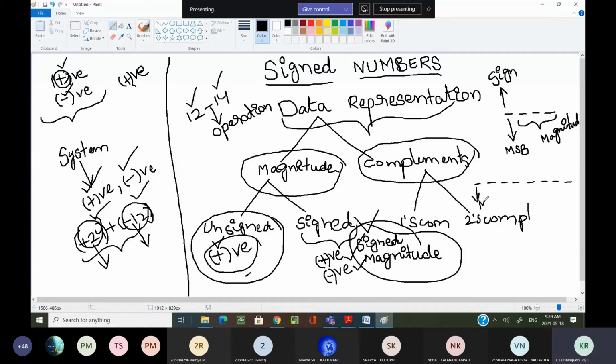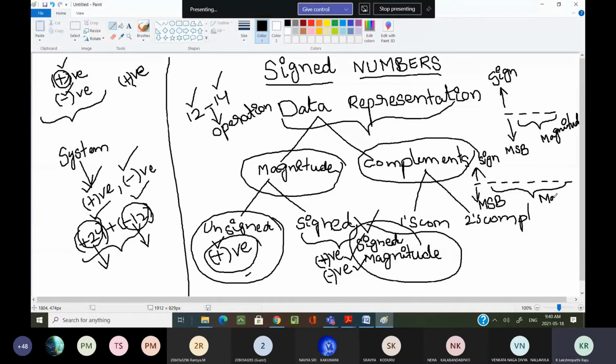This is my MSB bit position. This bit I am using to represent my sign, and the remaining 7 bits I am using to represent my magnitude.